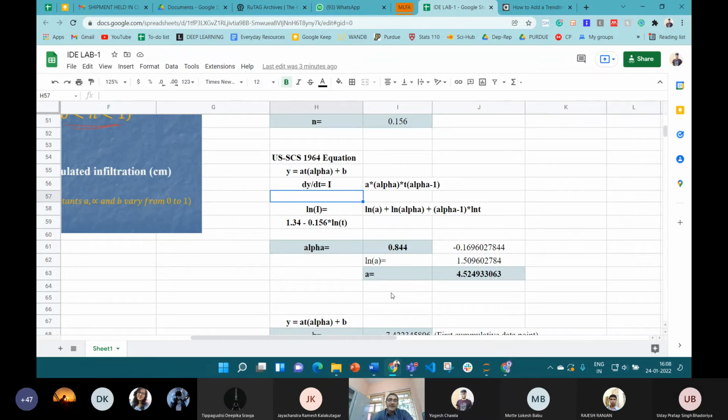But even if you take the observations and tell the software that you need to fit this equation and the values of A, alpha and B should be not more than 1, from 0 to 1, it will fit the equation as well. That is another way, without thinking how to fit this, and it can also give you the idea of what the values of A, alpha and B will be for this soil.